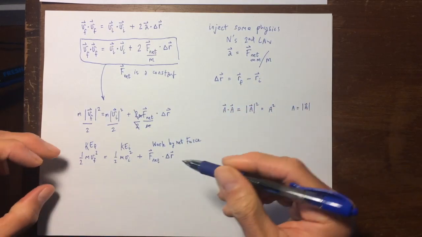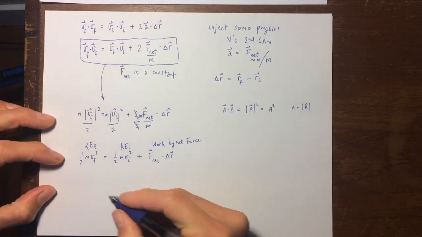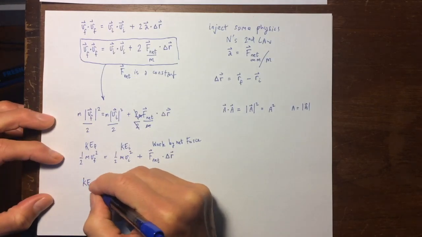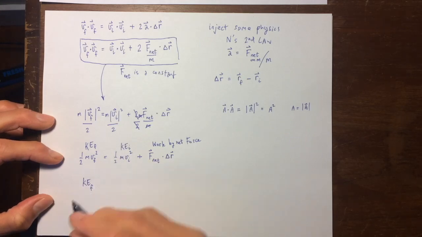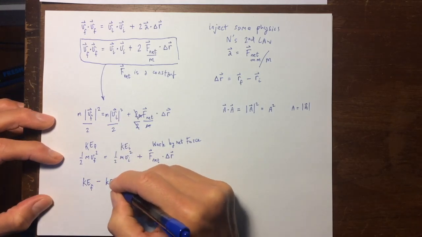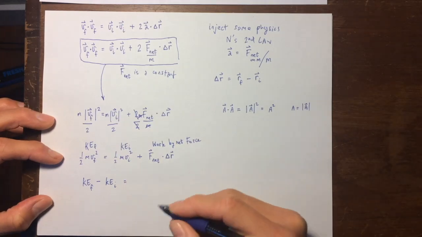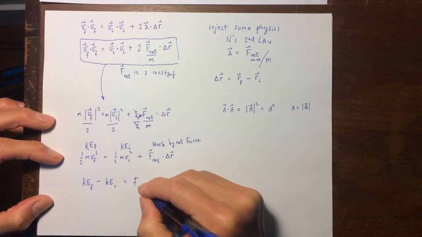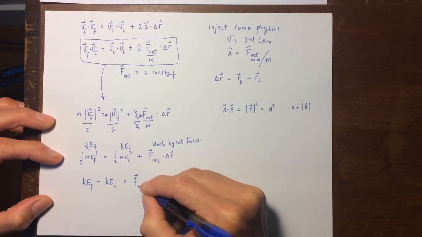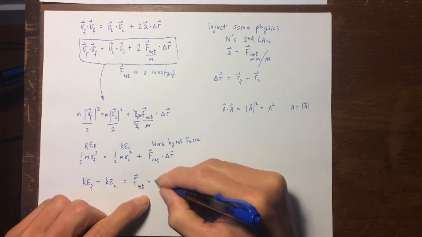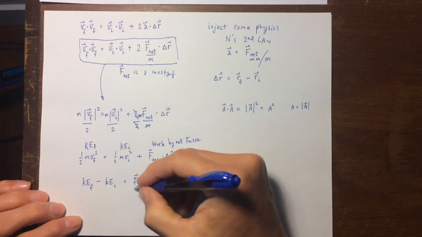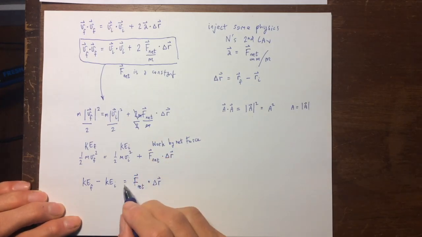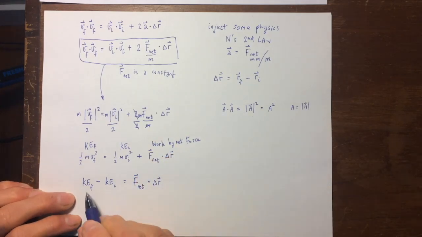So what this says is that the final kinetic energy, if I subtract the initial kinetic energy over to this side, minus the initial kinetic energy is equal to F net dot delta R. That's the net force dotted against the displacement vector.